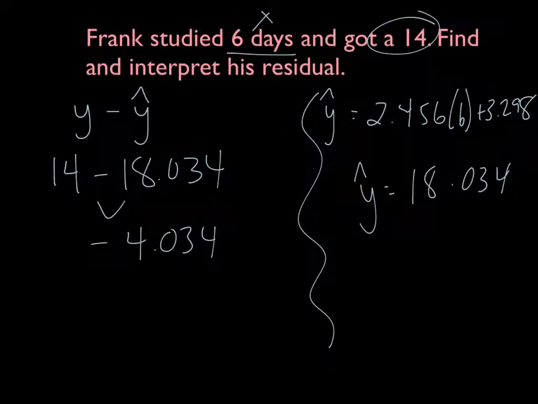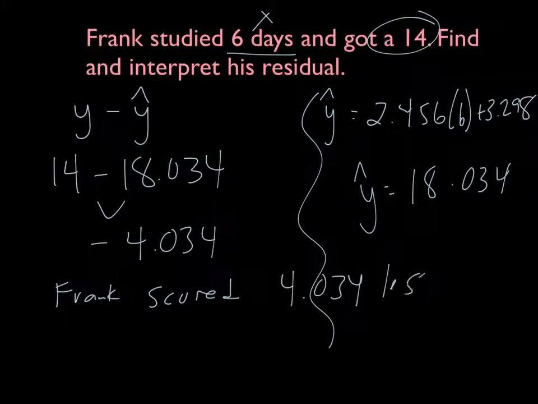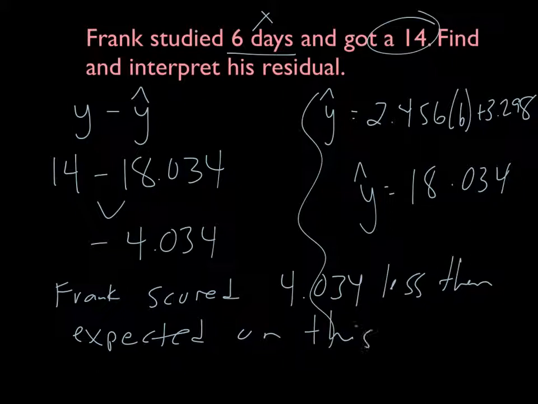So that's what we would put in our interpretation. So Frank scored 4.034 less than expected on this test.